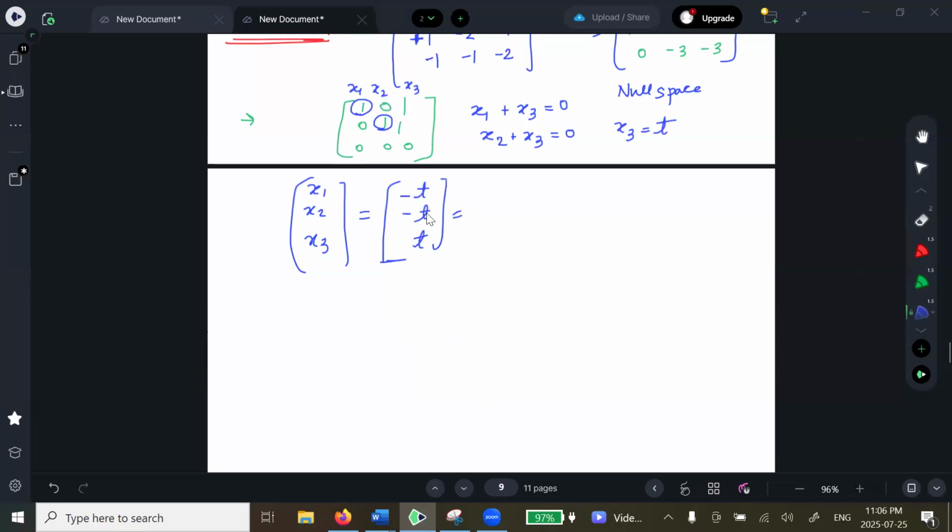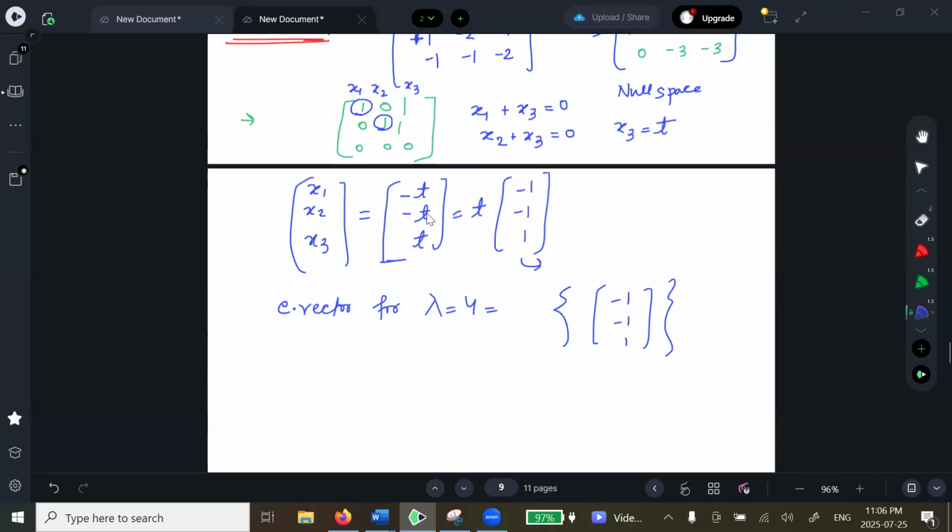When I take the t common, I've got -1, -1, and 1. So that's the eigenvector. And because I have one 0 row, I have one vector in my null space. So the eigenvector for lambda equals 4, this is what you plug in.